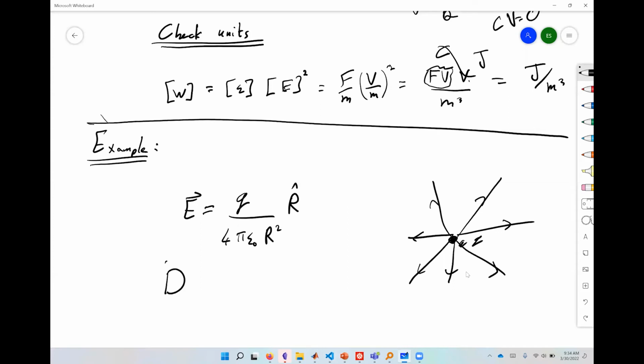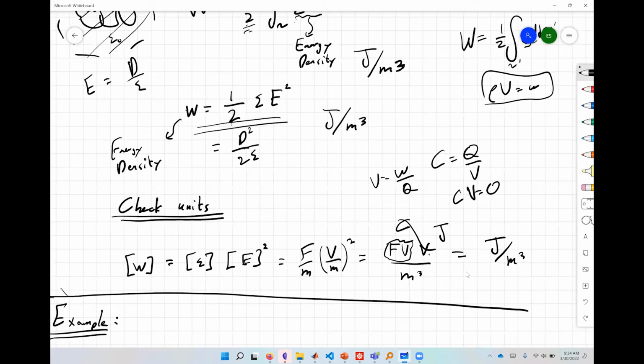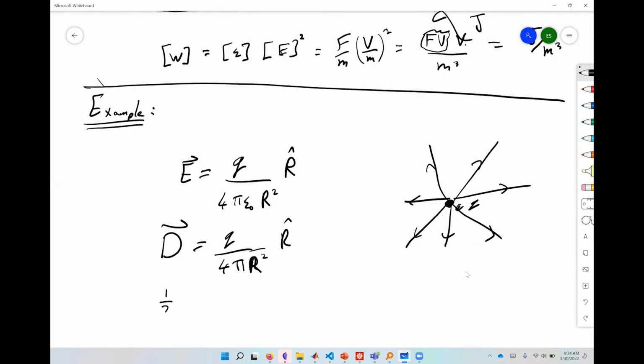And what's D? Sorry, did I make a mistake here? Oh yeah, I included the half, that's good. Okay, D is Q over 4 pi r squared. The difference between E and D is just the epsilon. What is half E dot D? What is the energy density of the field of this point charge? It's half E dot D. What's E dot D?